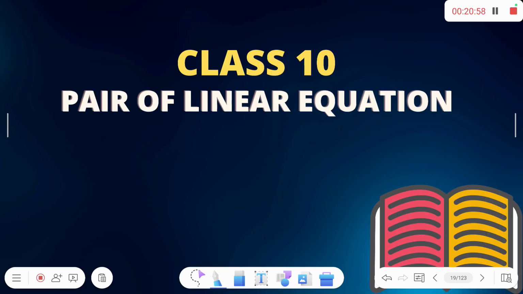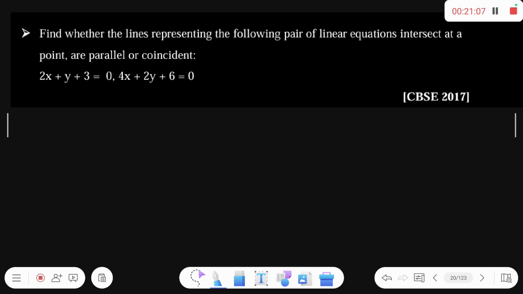Let's move to the next chapter, that is pair of linear equations. So let's move ahead. The first question is, find whether the lines representing the following pair of linear equations intersect at a point, are parallel or coincident. For this, you have to first find the coefficient values. So here a1 is 2, b1 is 1 and c1 is 3.